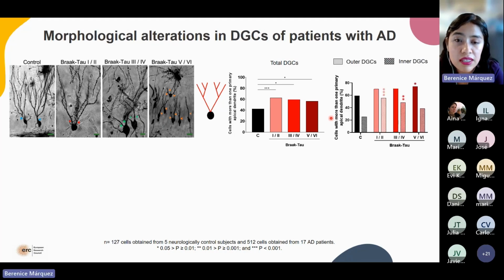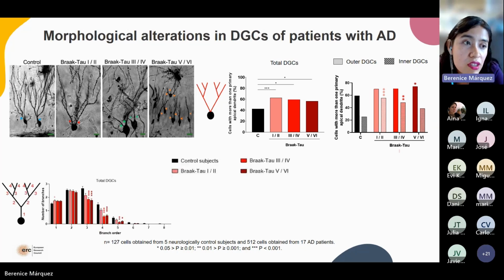Moreover, these alterations were also observed in inner dentate granule cells at early and intermediate stages, and only observed at the final stage in the outer dentate granule cells.